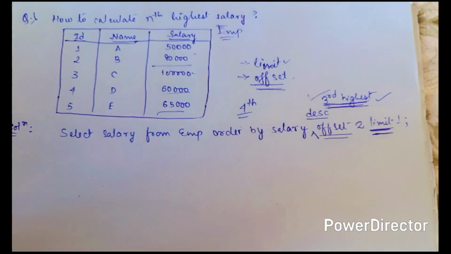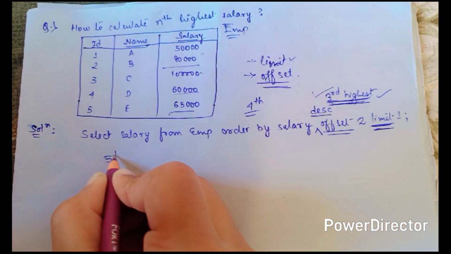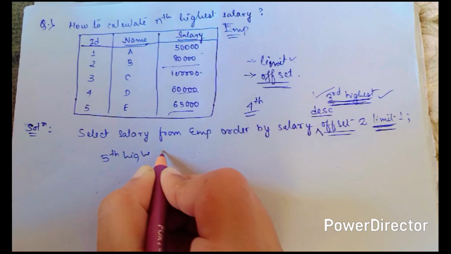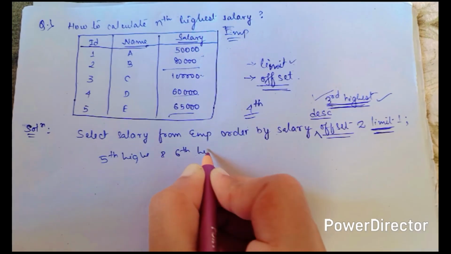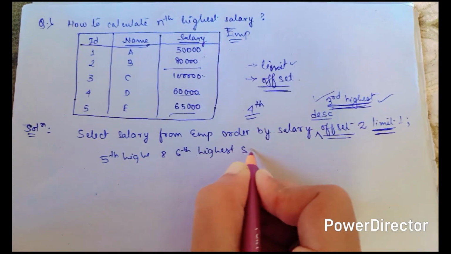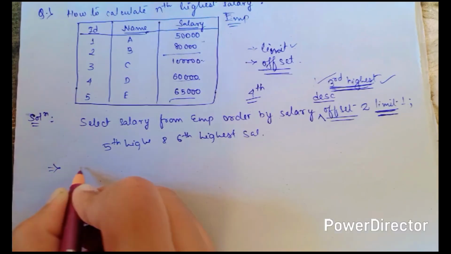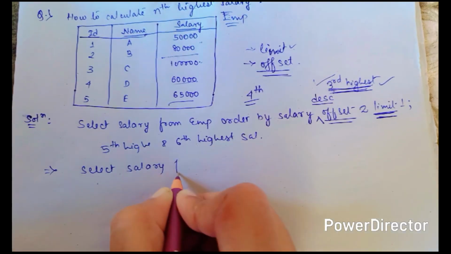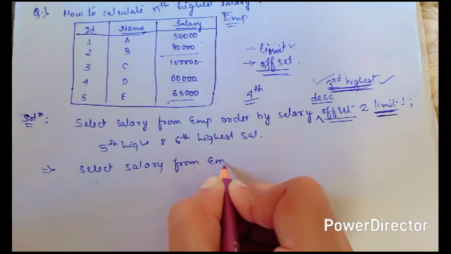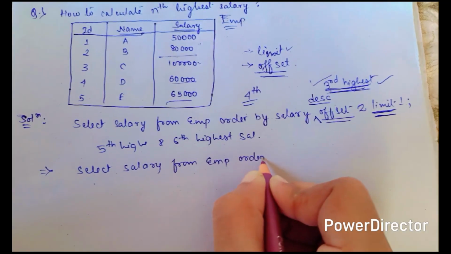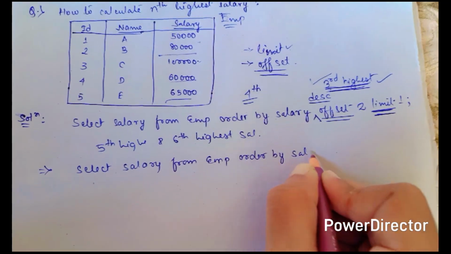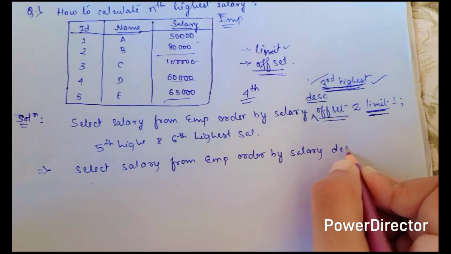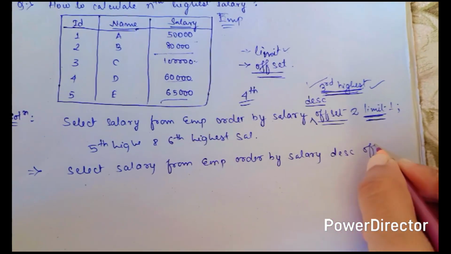If you want to see both the fifth highest salary and the sixth highest salary, then what we are going to write is: select salary from EMP, order by salary in descending manner, DESC, offset.